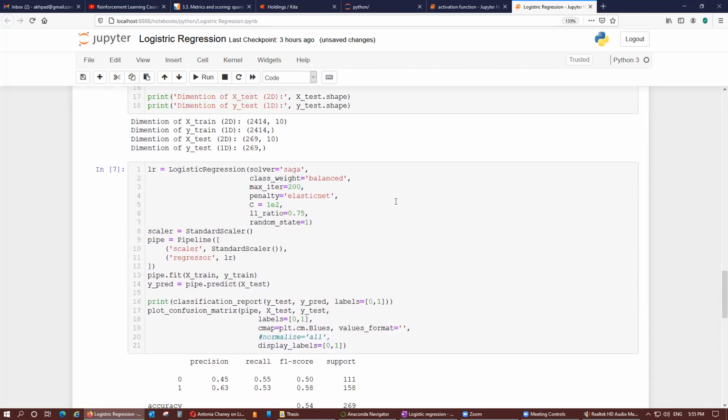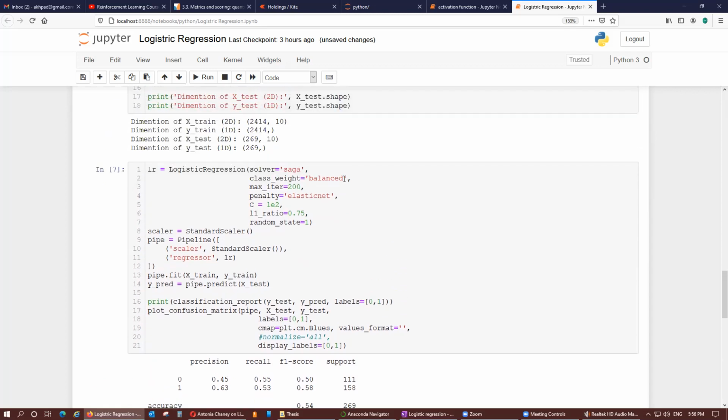And one more parameter here, the class weight. Class weight is for giving more weightage to a particular class while optimizing the weights theta 1, theta 2 which I have mentioned.